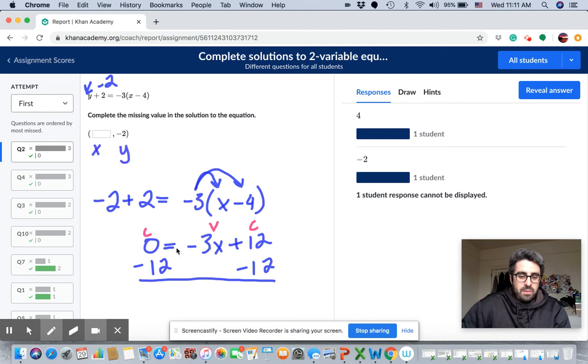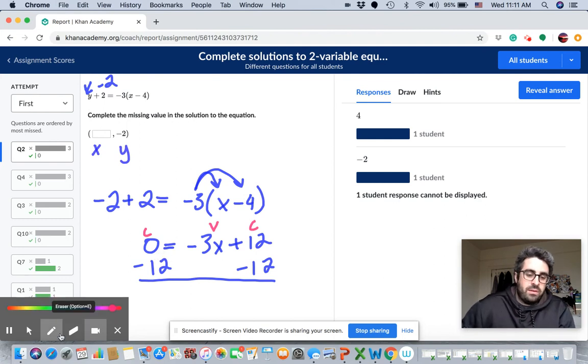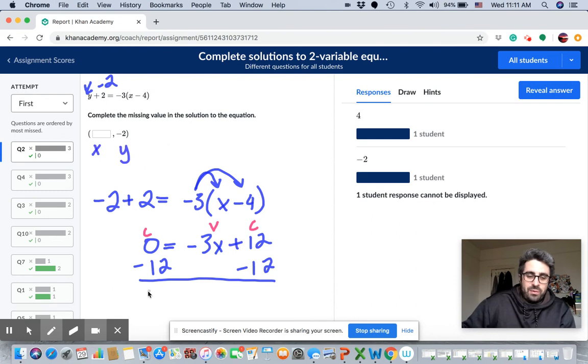But let's pretend this was the actual value besides 0. Then you would have to use inverse operations twice. So I guess that's not the best example for why you would subtract 12, but you get the idea. So 0 minus 12 is -12, and 12 minus 12 is 0, so it cancels out.